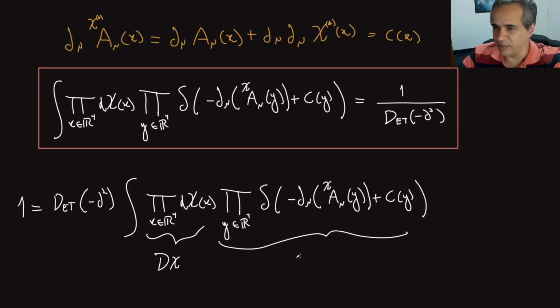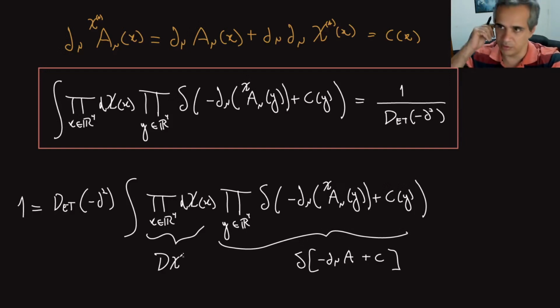And this one is what I can call a functional Dirac delta, because point by point in space-time it enforces that this function is equal to c. And this will enforce my gauge fixing condition, integrating over all the possible gauges, which are given by chi. Chi runs over the gauge parameters.